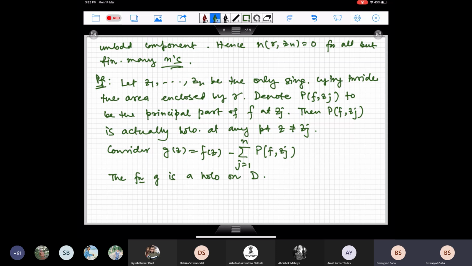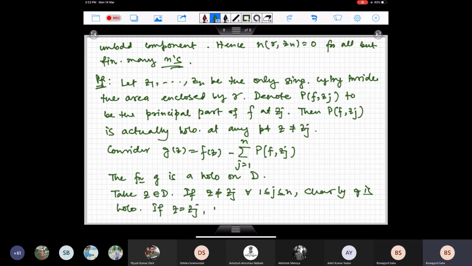Okay, so take z from D. If z is not equal to zj for all 1 less than or equal to j less than or equal to n, clearly g is holomorphic. If z is equal to zi, write g as f minus the principal part of f at zi, using i because there are too many j's.